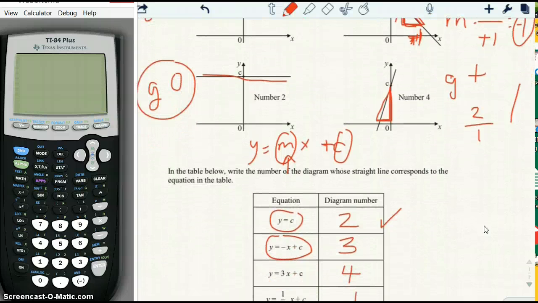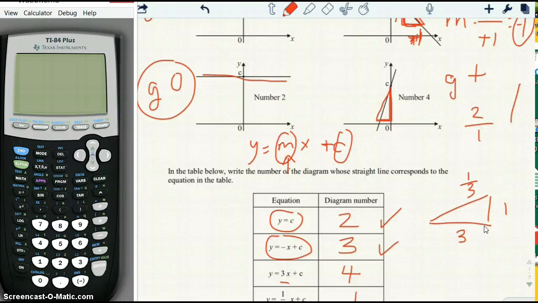Right? The only tricky one is the bottom one, because it has two equations that are very similar. It's got a slope of 3, and it's got a slope of 1/3. If you think back to rise over run, how would you draw a slope of 1/3? It would be rise 1 over run 3, which is 1/3.